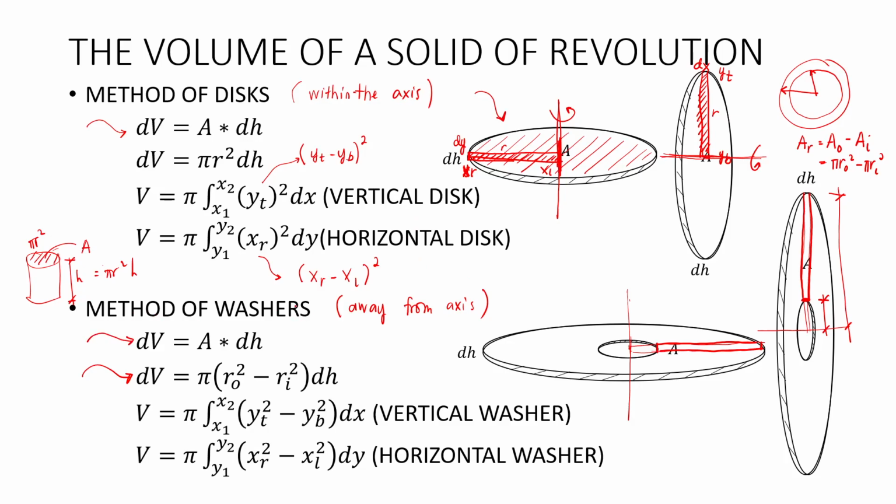So breaking down your formulas even further, if you're going to utilize the vertical strip, you're going to have this format. This time your y bottom is not equal to 0 anymore, because this will represent the inner circle or the inner portion of the washer, and then the y top will represent the whole disk. So the outer minus the inner will result in the washer.